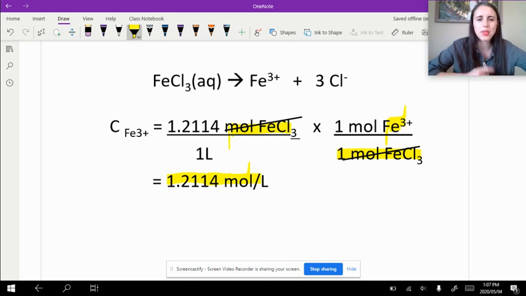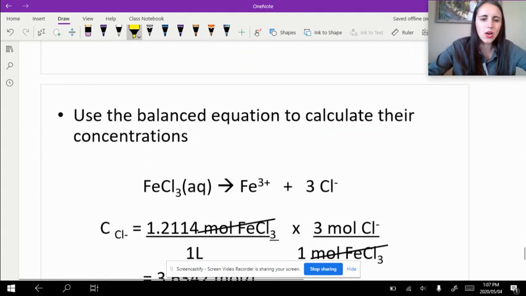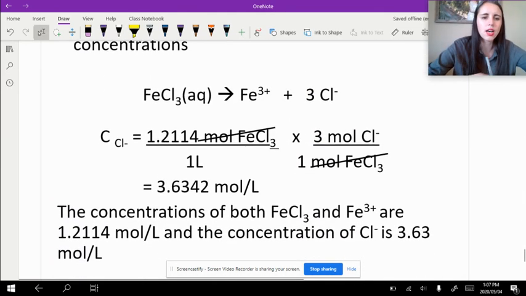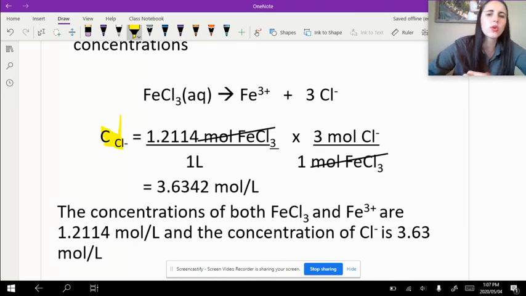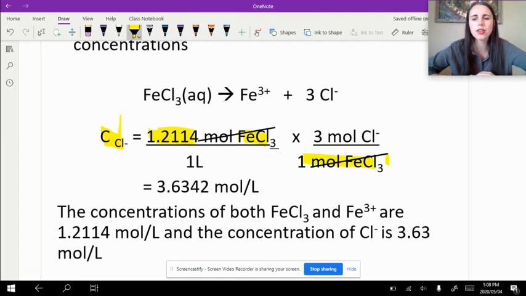Not very exciting. But now let's look at the concentration of chloride ions. To figure that out, I'm going to take my concentration of iron chloride and multiply it by my molar ratio. I'm going to put iron chloride on the bottom, which allows me to cancel it out, and chlorine on the top.